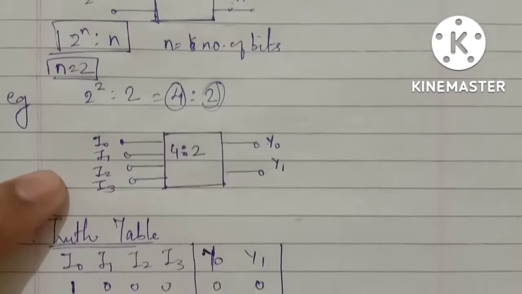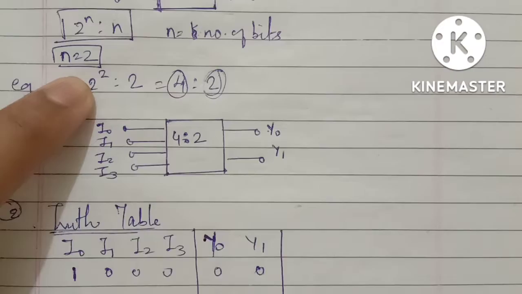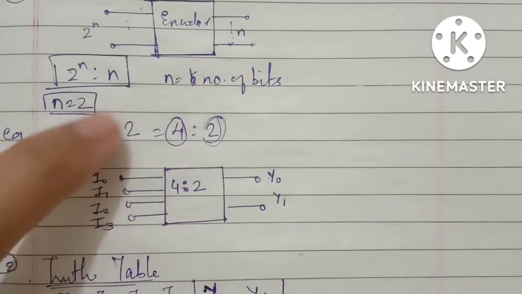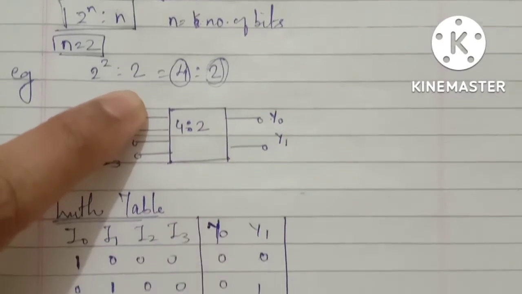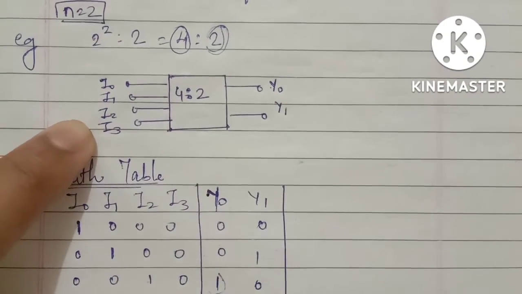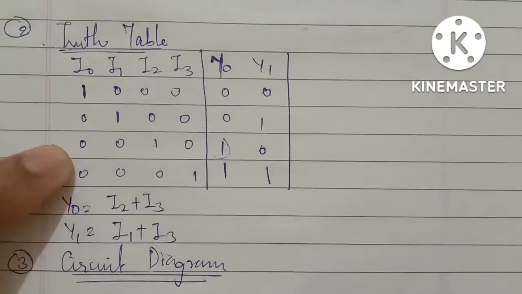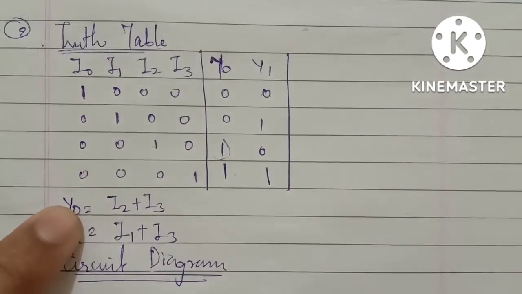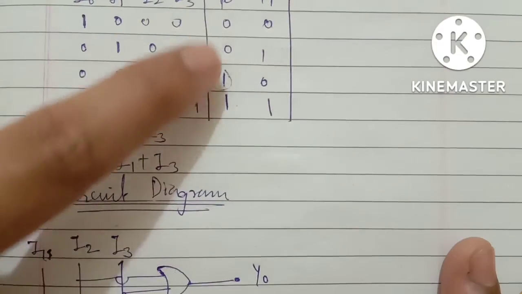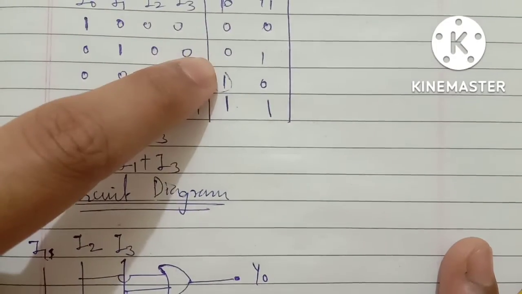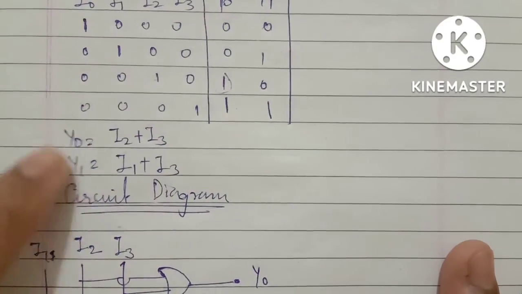I took the example of n equals 2 number of bits, and accordingly 4 will be the input and 2 will be the output, and you have to draw this diagram. You can draw the K-map also, or directly write this equation.